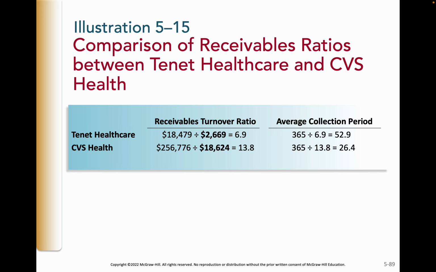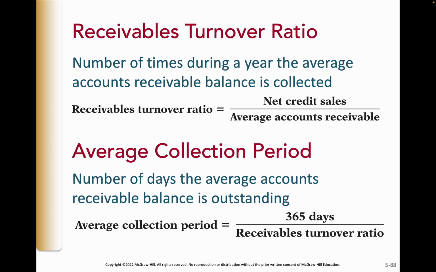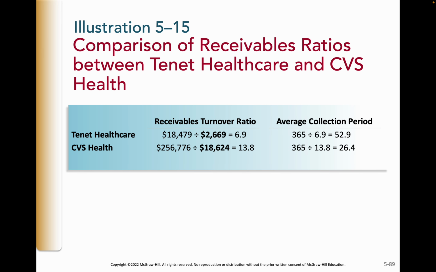Okay, so these two healthcare companies, Tenet Healthcare and CVS. Tenet Health, receivable turnover ratio: 18,479, that is their net credit sales, divided by their average accounts receivable of 2,669. They have a receivable turnover ratio of 6.9.